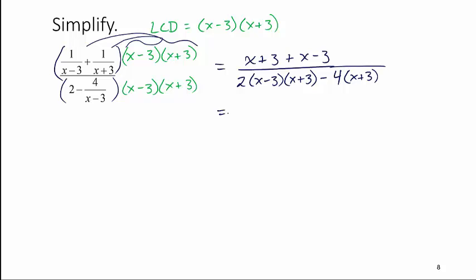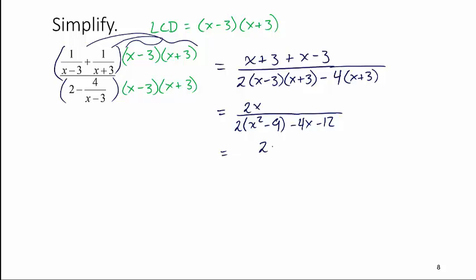Okay, so in the numerator, I'm going to have 2x, since 3 minus 3 is 0. And in the denominator, I'm going to have 2 times x squared minus 9, right? It's a difference of squares there, x minus 3 times x plus 3, minus 4x minus 12, when I distribute the 4 through.